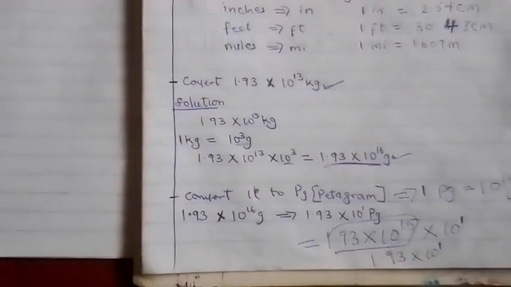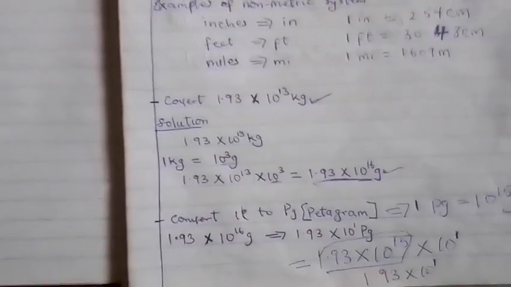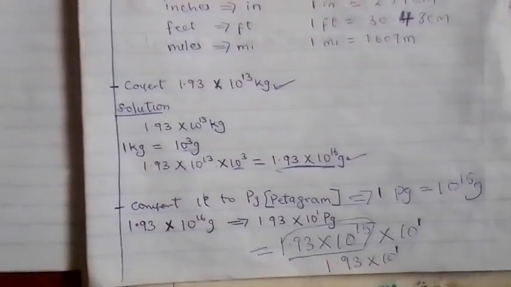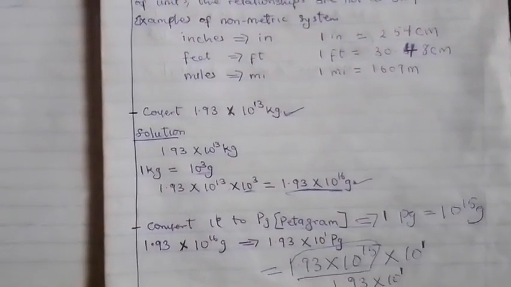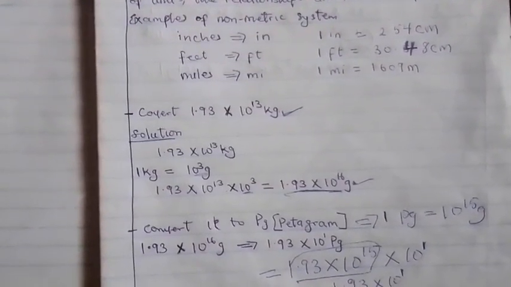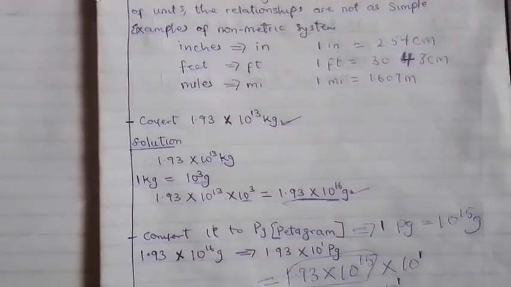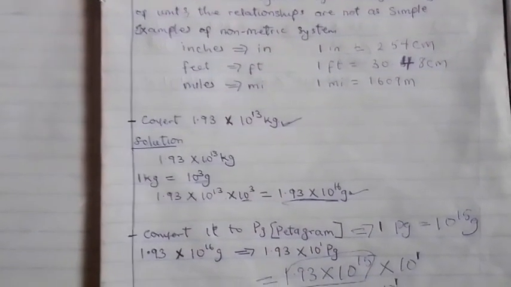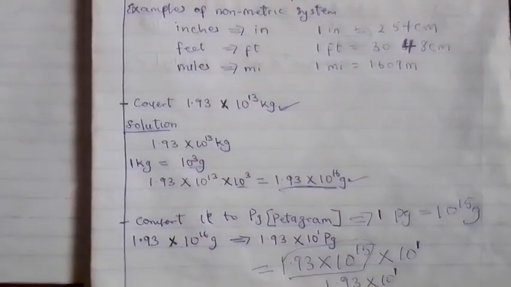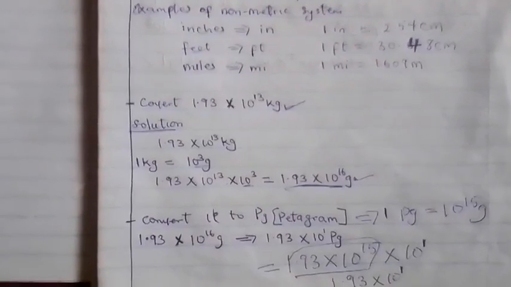Now the second one, we want to convert this 1.93 times 10 raised power 16 gram to petagram. Remember, 1 petagram is 10 raised power 15 gram. So now 1.93 times 10 raised power 16 gram would be 1.93 times 10 raised power 15 times 10 raised power 1.